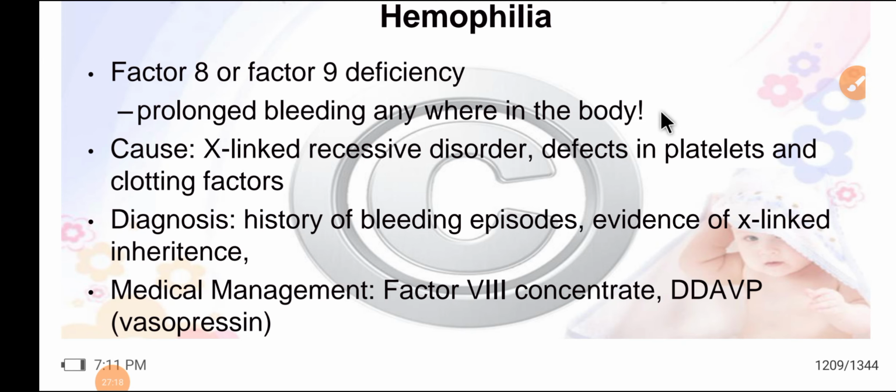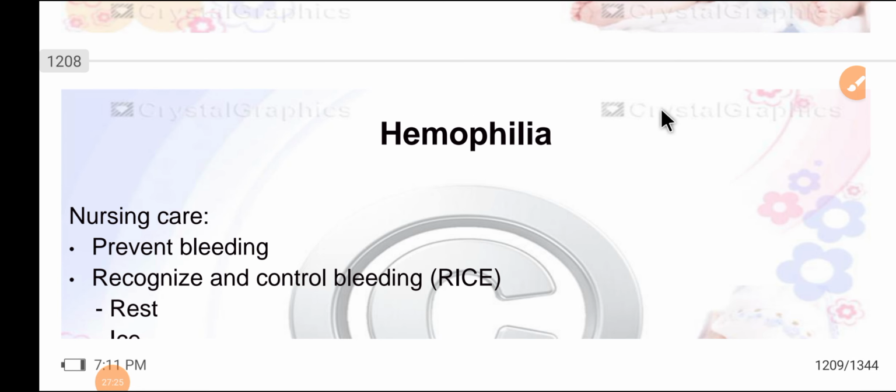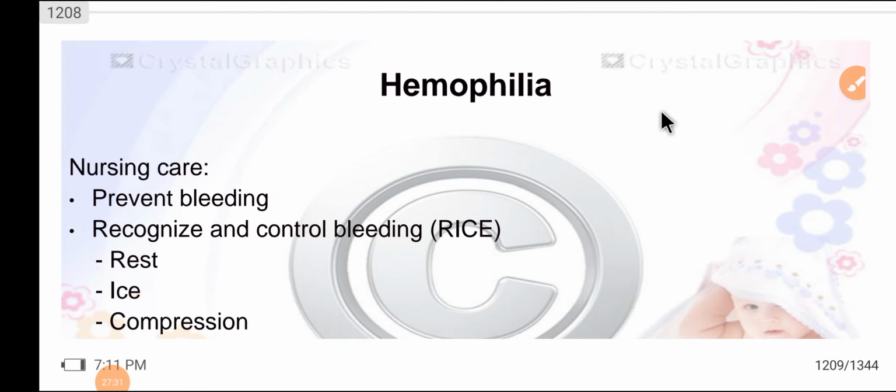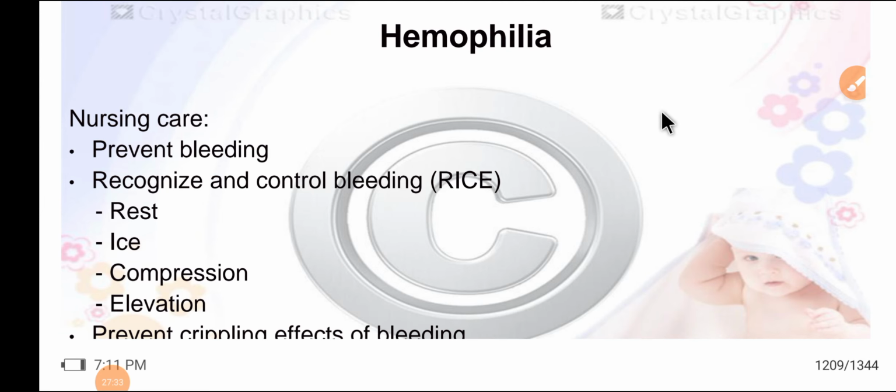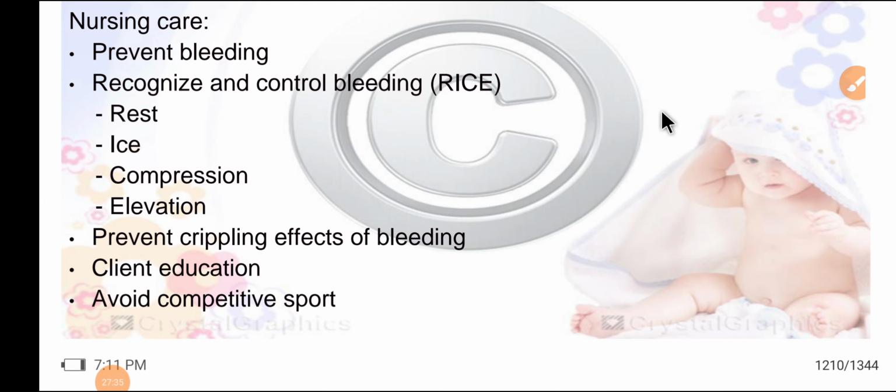Medical management: factor 8 concentrate, DDAVP, vasopressin. Hemophilia nursing care: prevent bleeding, recognize and control bleeding with RICE (rest, ice, compression, elevation), prevent crippling effects of bleeding, client education, avoid competitive sports.